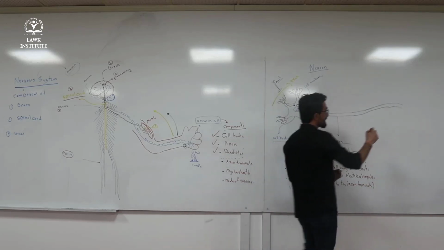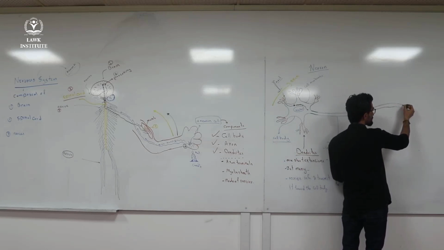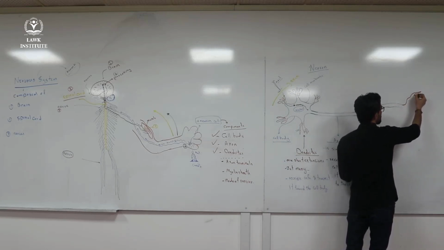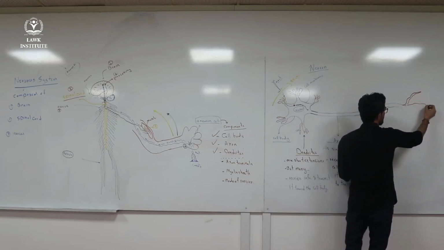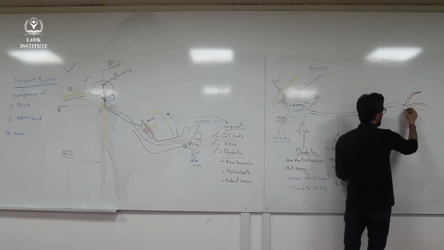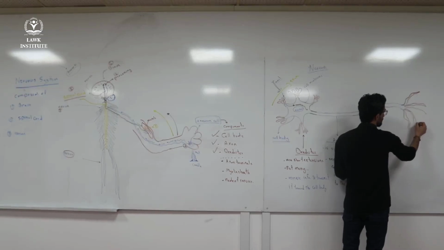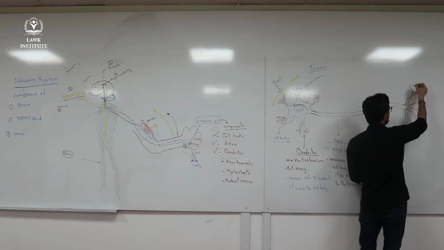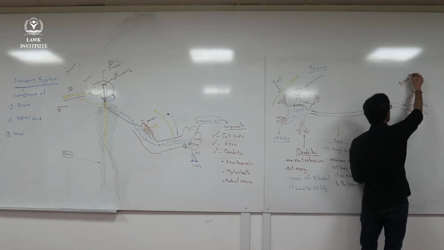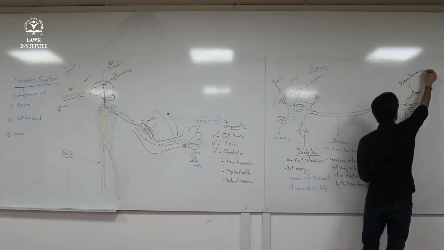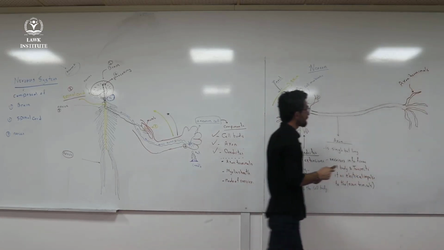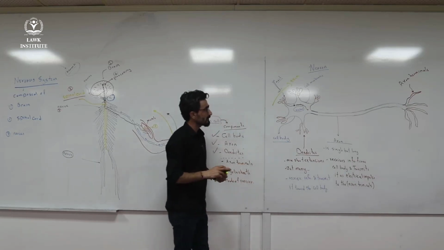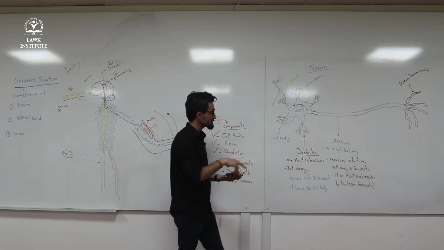So basically, the ends of axons are other short extensions known as axon terminals. We will later study the role of the axon terminals.